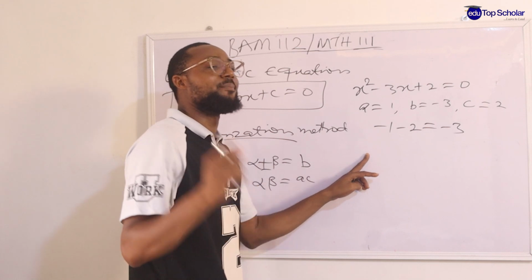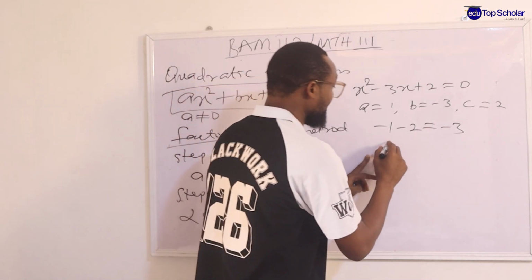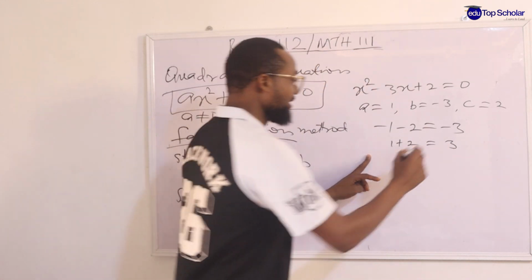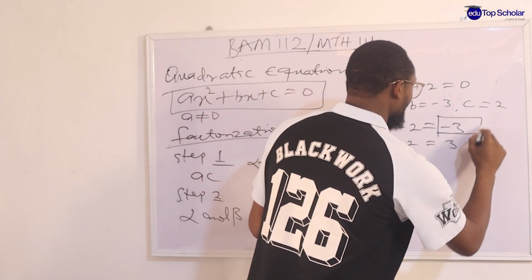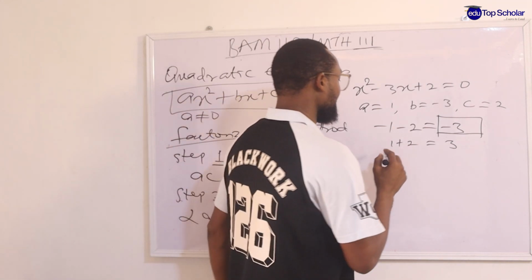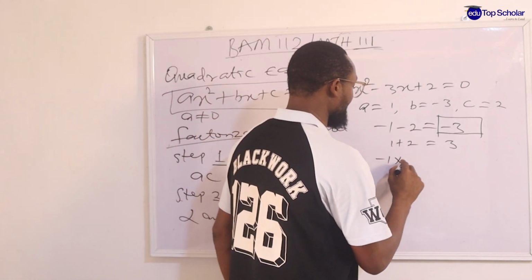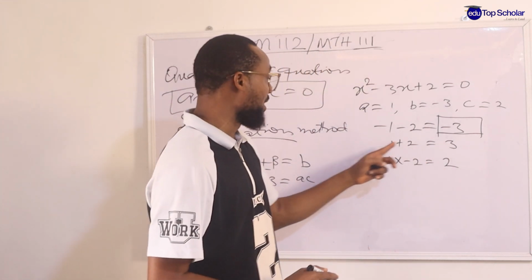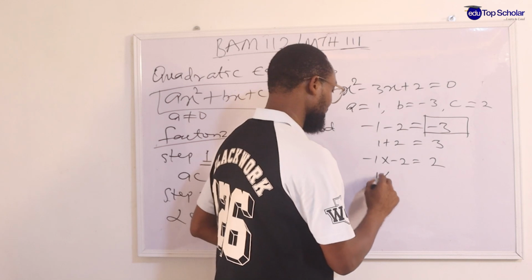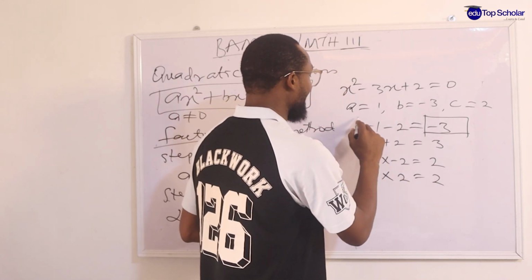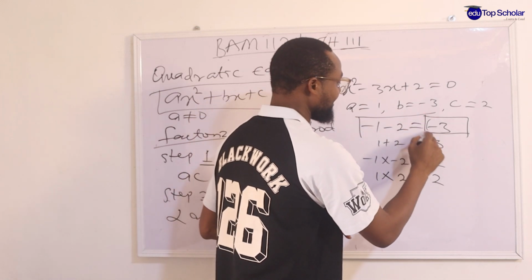Okay? If somebody somewhere goes ahead and says 1 plus 2, that will also give us 3, but this is not what we needed. So the sign is of essence here. And if we multiply minus 1 by minus 2, we also have 2. Don't forget, if I multiply 1 by 2, I will also have 2. But definitely, I must take this. Why? Because of this sign, minus there.